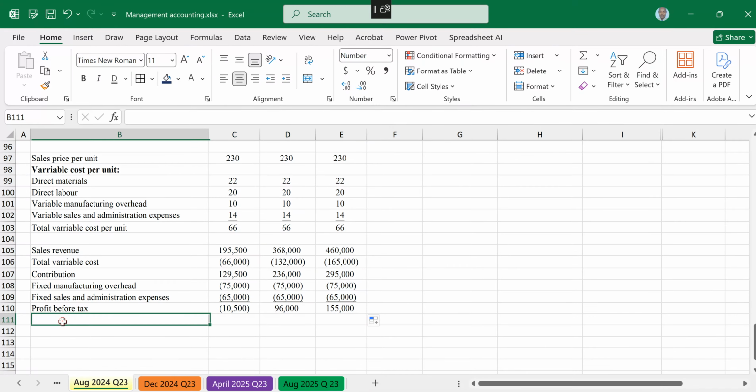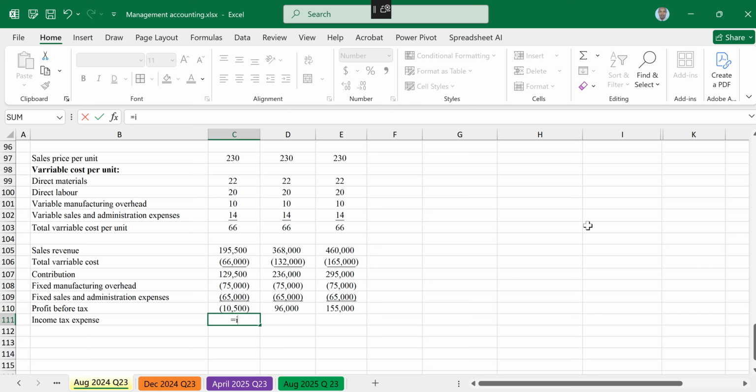Then finally, the income tax expense. It was 30%. Tax was 30% where there is profit. So we'll use the if statement: equal sign if, tab.